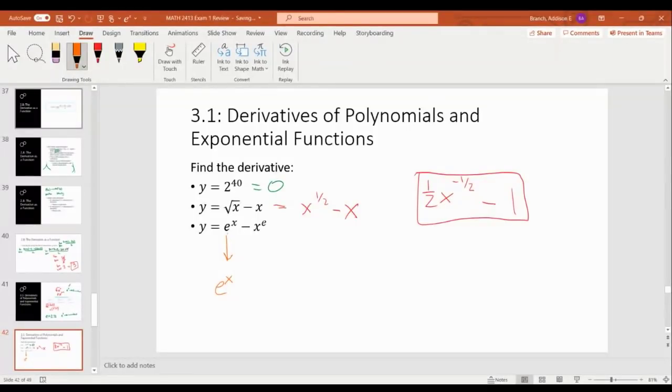If we remember, e by itself is just a constant, so we can treat this as a power rule. We can bring down that e, x to the e minus 1. And then those were subtracted, so this will be our final derivative for that third one.